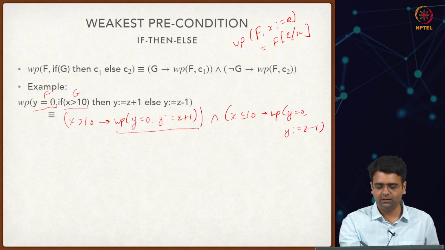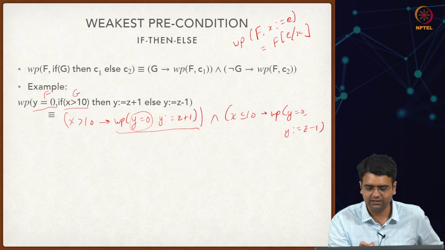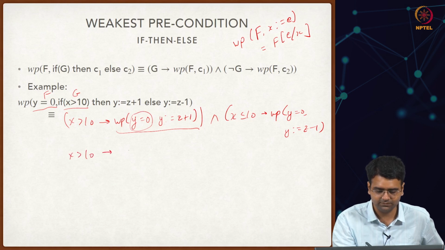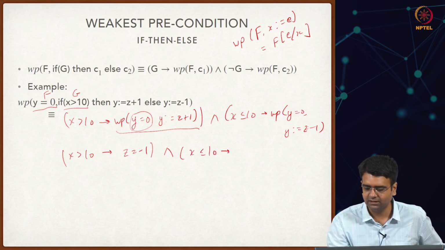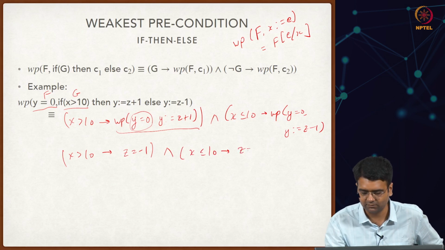Here I have the formula y equal to 0 and then y := z + 1, which means that wherever I see y in this formula, y equal to 0, I am going to substitute it by z plus 1. So this will give you x is greater than 10 implies z plus 1 equal to 0, which is the same as z equal to minus 1. And similarly the other one: x is less than or equal to 10 implies, again, wherever I see y, I substitute it by z minus 1, so I get z is equal to 1.